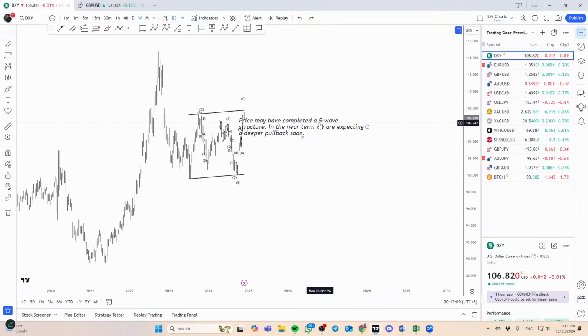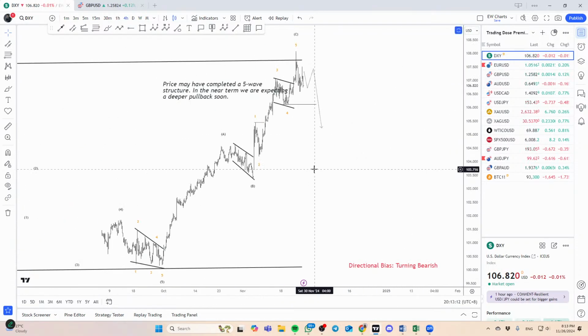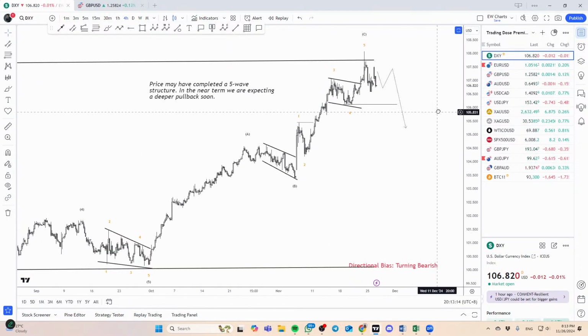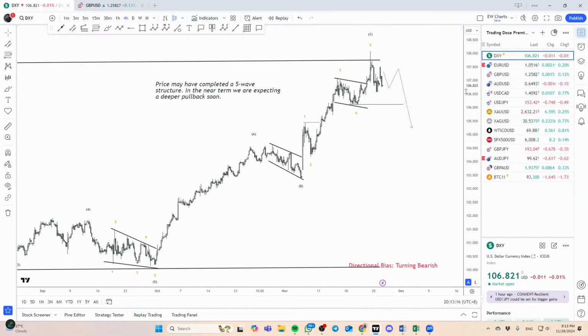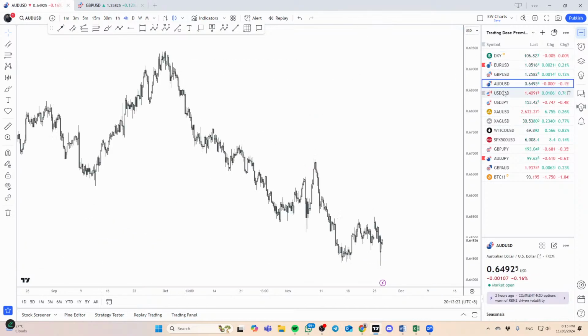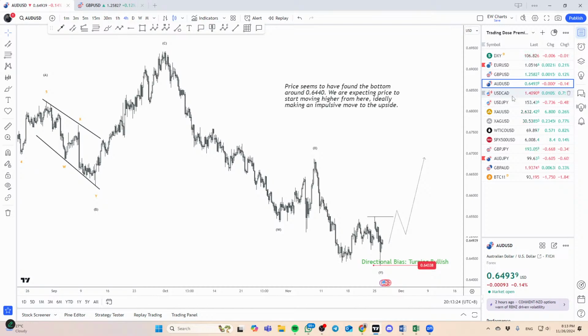Okay, so just bear it in mind as we're looking at some of these moves, right? How you can also capitalize on larger swings in the market with that perspective. Okay, so yeah, just wanted to cover that.